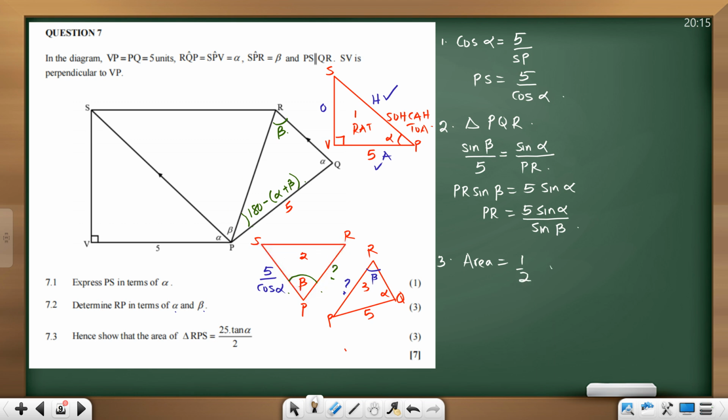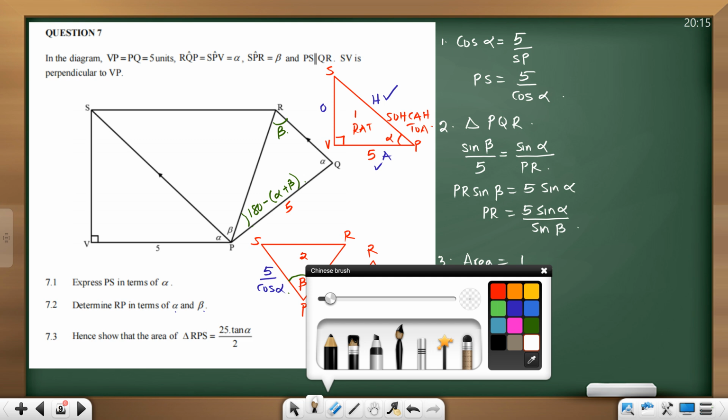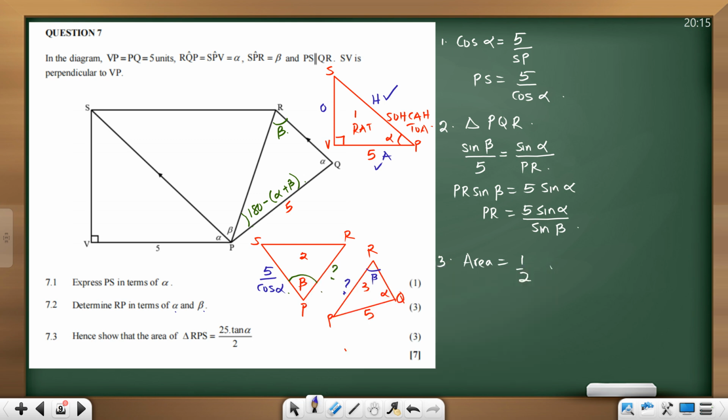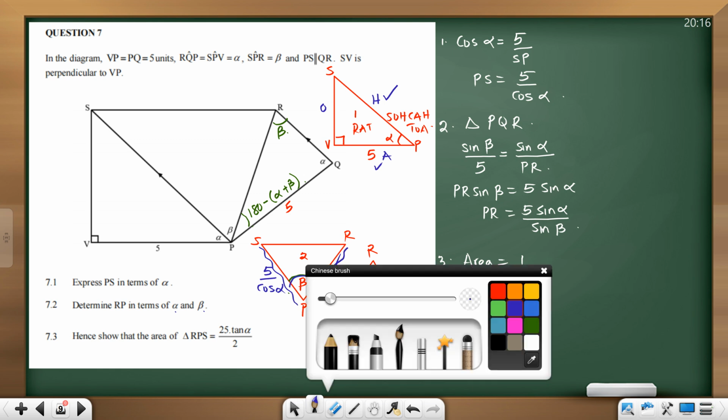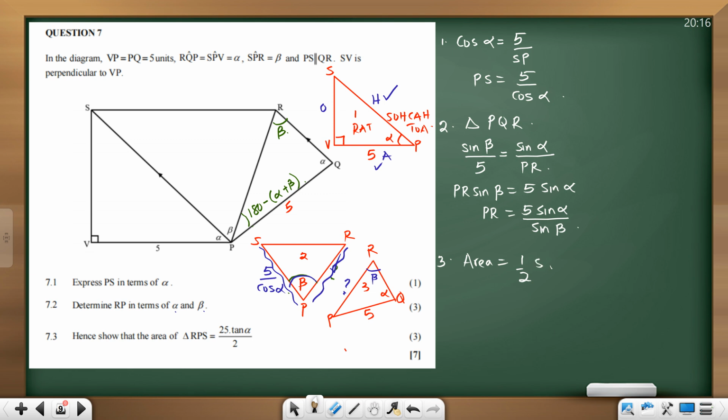But now, very important, we need to see which sides we know. Oh, by the way, we know RP now, right? Lovely. So it is this side, and the angle between them. Half, first side, SP.